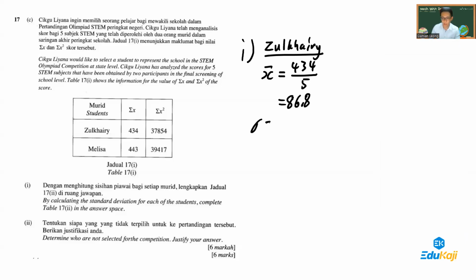So the standard deviation is sum of x squared over n, 5, minus mean square, and then whole thing square root.